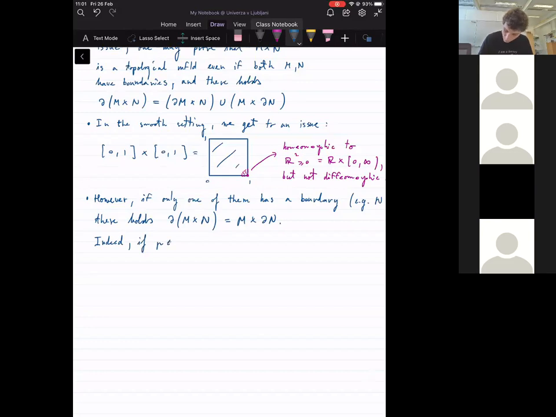So if p is from M, and if q is from the boundary of N, and let's say that (U, phi) and (V, theta) are neighborhood charts, NBD being an abbreviation for neighborhood.